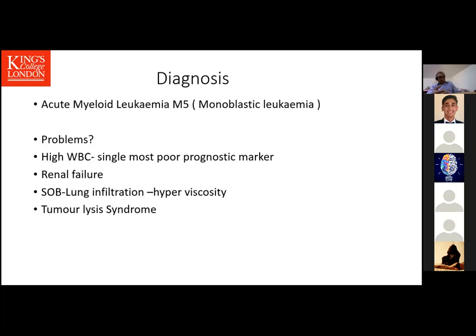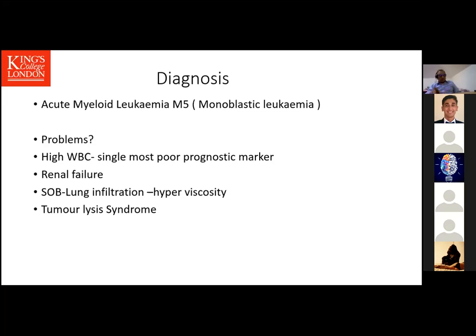They will settle in the lung, causing shortness of breath. And when they die, they leave a lot of debris behind, which is even more disastrous for metabolism and various organs. So as I have written here, it's the single most poor prognostic marker in AML.